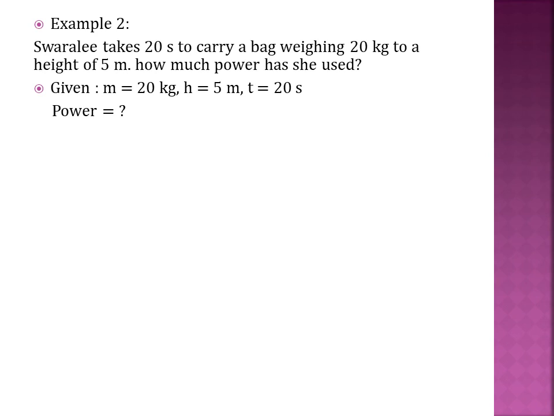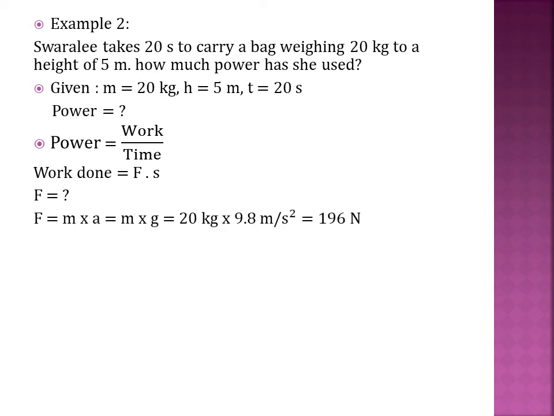We know the formula of power is work upon time. But here we don't know how much work is done. So first we will find out work done, that is force multiplied by distance. Here again we don't know how much force has been applied. So first we will find out force, that is mass into acceleration.